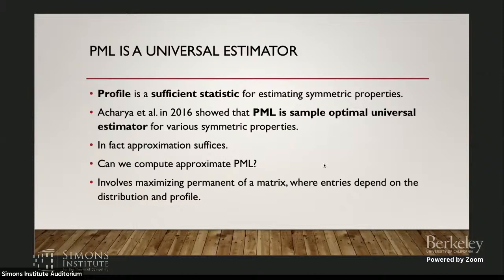But the challenge here is that the probability of a profile corresponds to the permanent of some matrix, and computing a maximum likelihood corresponds to maximizing the permanent of a matrix, where the entries of this matrix depend on the distribution and the profile. Okay, so if people have heard about permanents, they are difficult to deal with in general, and on top of that, you want to solve a maximization problem. So it's a difficulty at 2 levels.